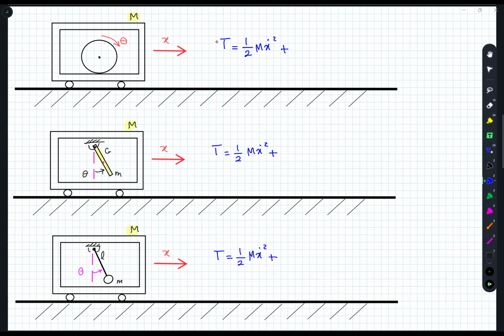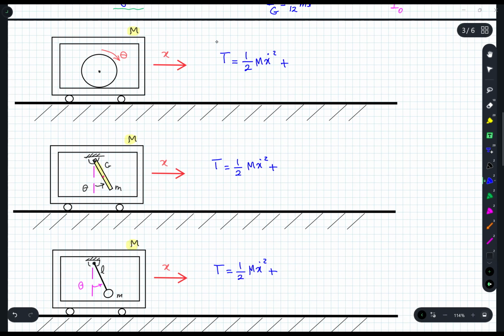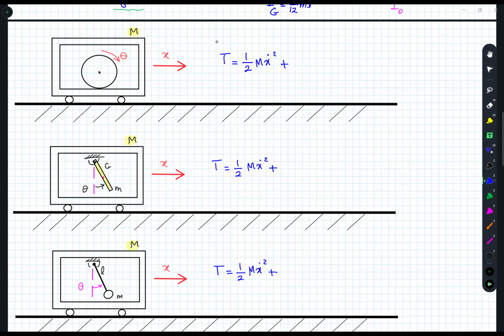Here is the disk. So if I follow the same concept that we explained for a disk, then I have to write it's half of m. Suppose the mass of the disk is lowercase m and its radius is r.